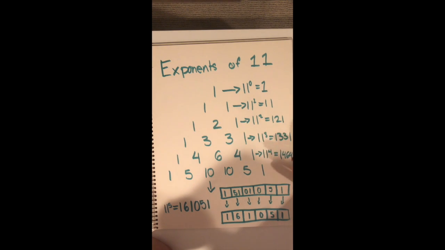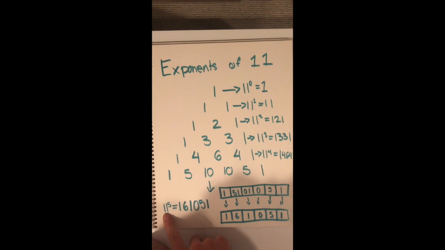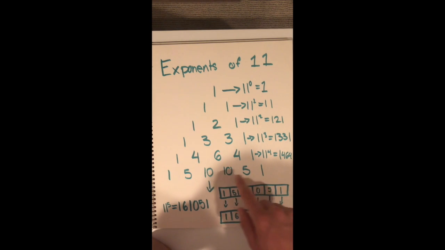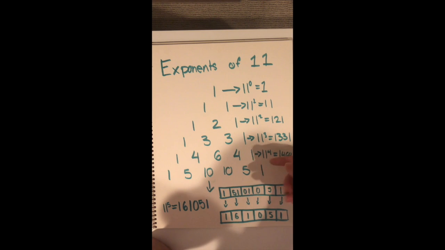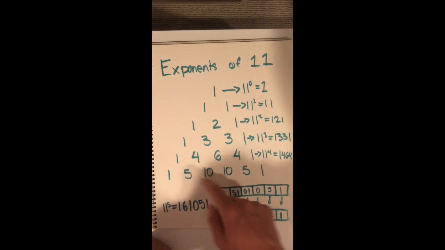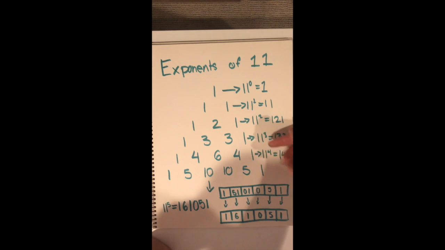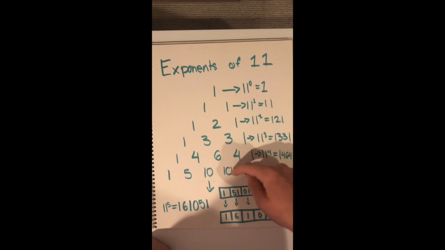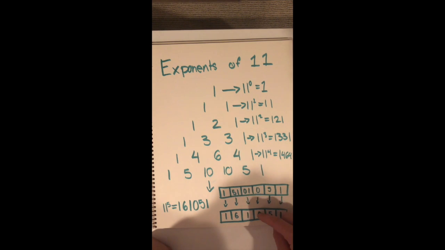But when you get to bigger rows, like 11 to the power of 5, you start getting overlaps and double-digit numbers. So you get 1, 5, 10, 10, 5, 1. But what do we do? You can't keep a 10. So you take the 1 and it stays as a 1. You take the 5 and it stays as a 5 because there's no overlap. You take the 10 and you keep the 0 and 0 stays as 0.